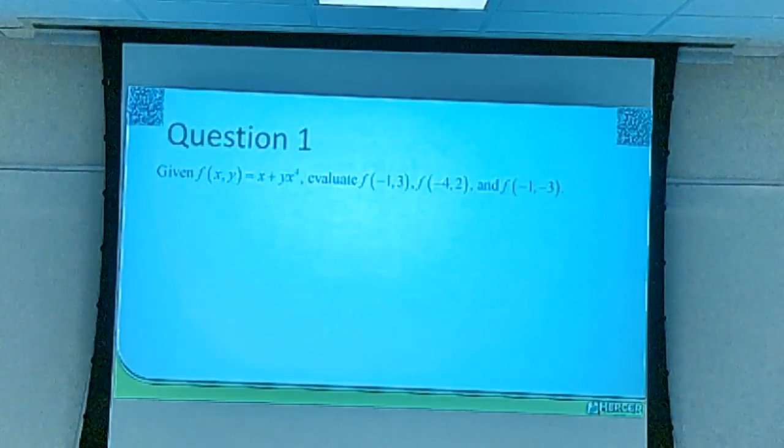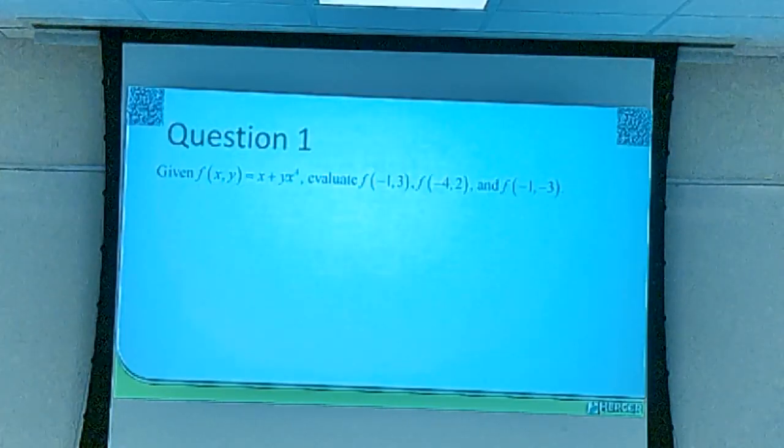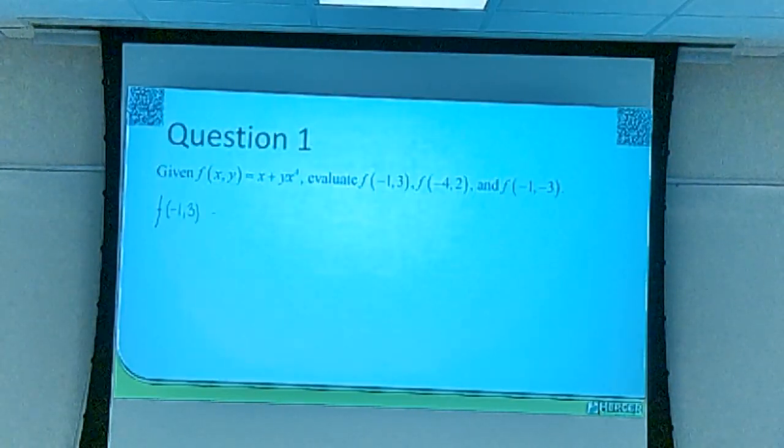Start off simple. Evaluate a multivariate function. It's going to behave the same way as with single variables.